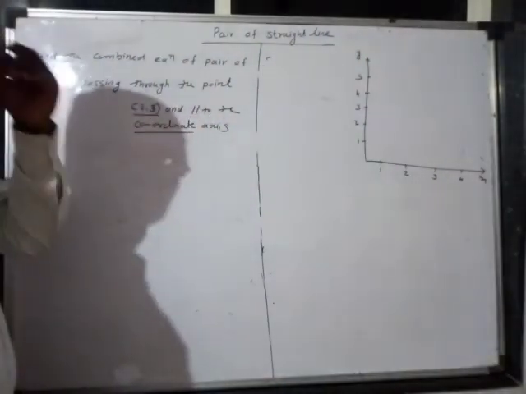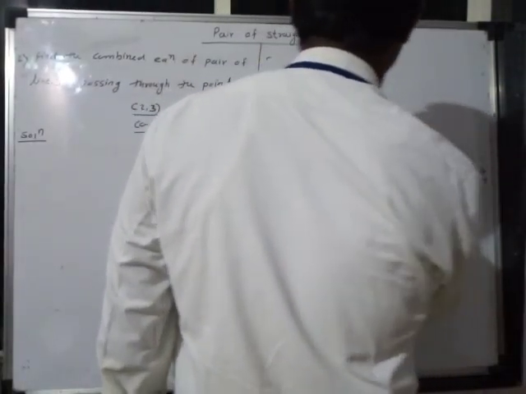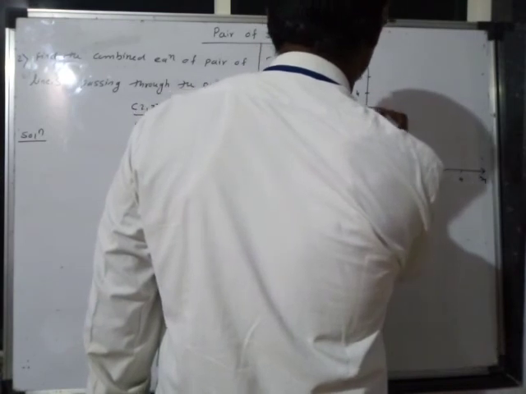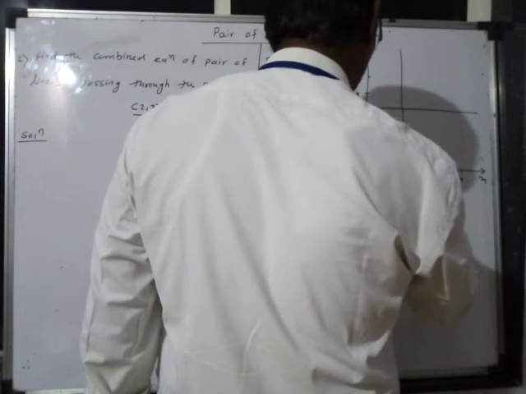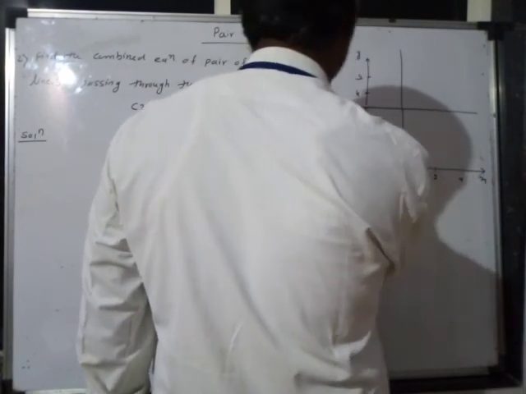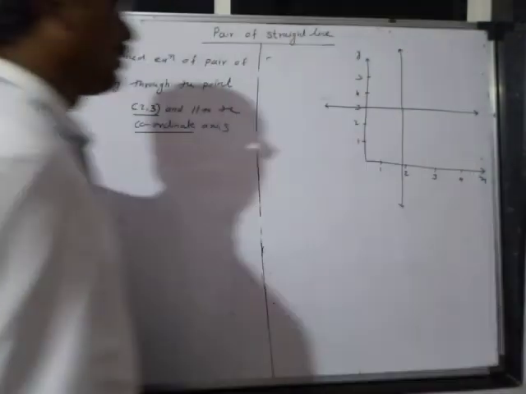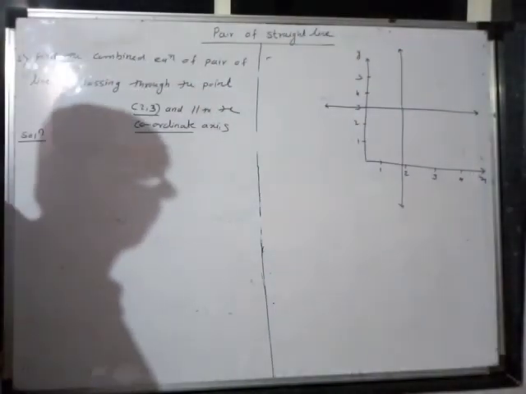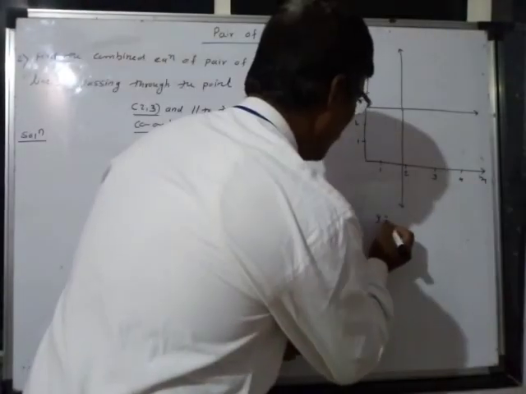Now the point is 2, 3. So this is the point, say 2, 3. So the lines are passing parallel like this. One of the lines is parallel to the x-axis and the other is parallel to the y-axis. Okay. So we know that the equation of the lines parallel to the x-axis is given by y is equal to k.